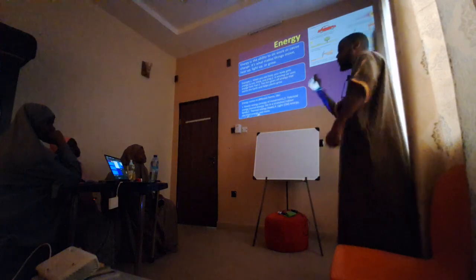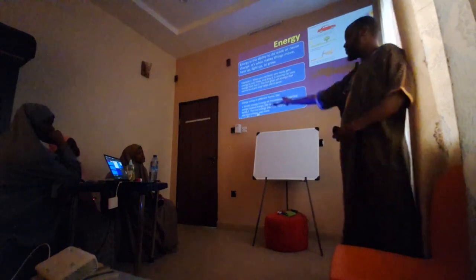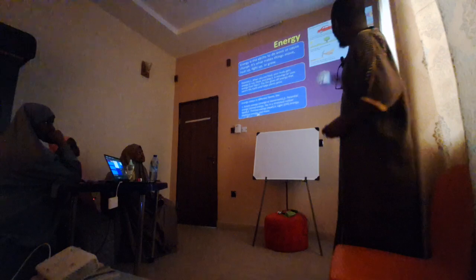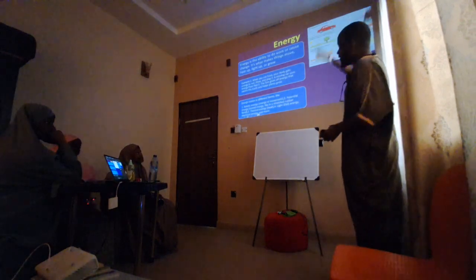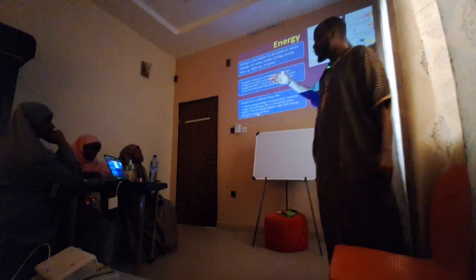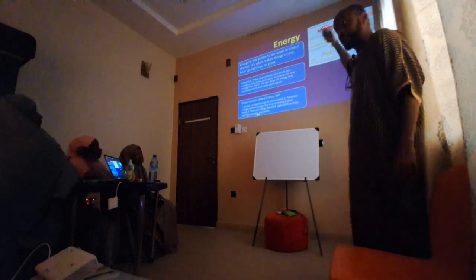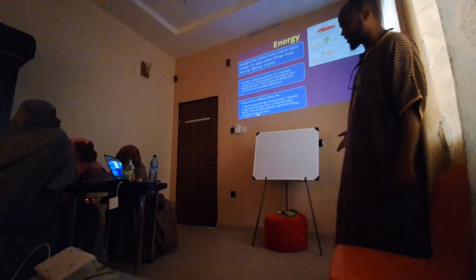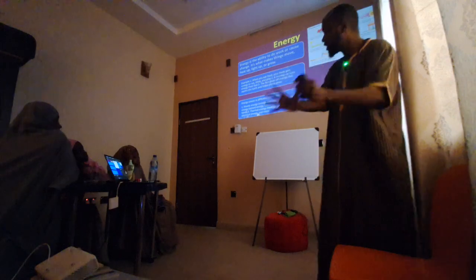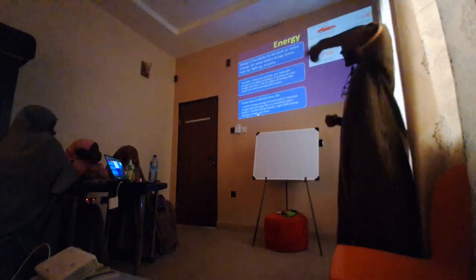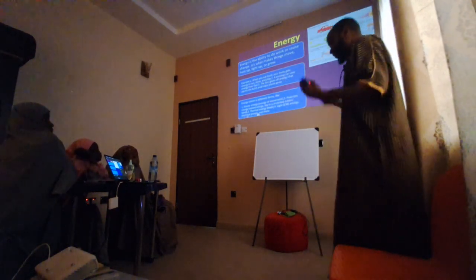The energy now moves the piston and the car can move. Is that clear? So that's changing energy from chemical energy to mechanical energy. You have the chemical energy stored in the petrol, which is converted into mechanical energy because the car moves.